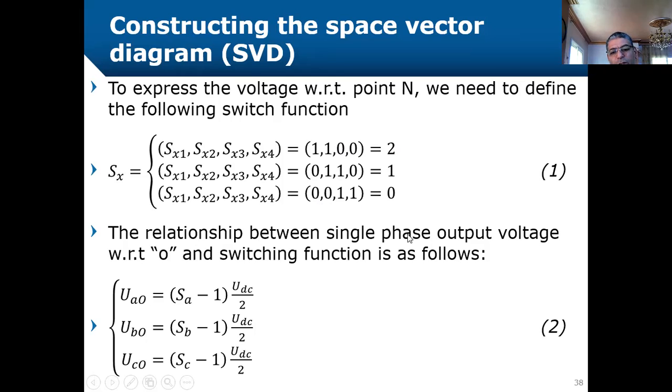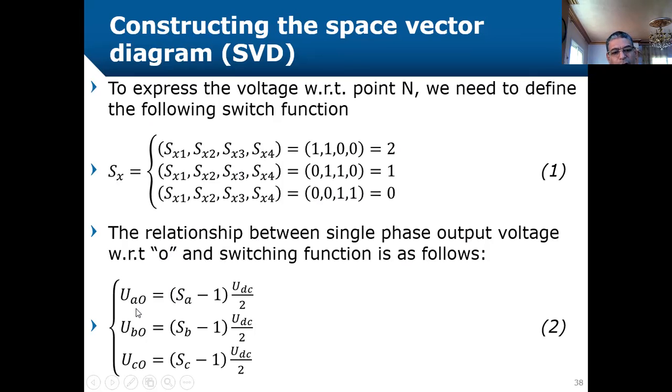The relationship between the single phase output voltage with respect to O, the midpoint, and the switching function is as follows: UAO equals SA minus 1. Remember that this is for each phase; this state is defined for a phase, and this phase is X.